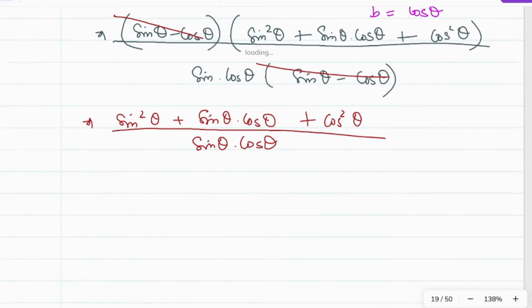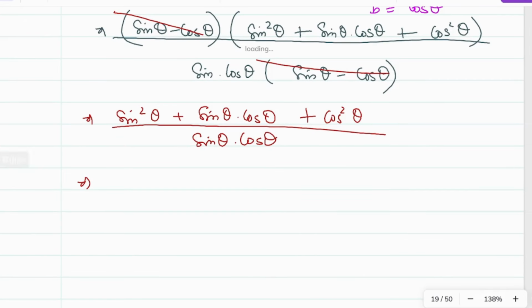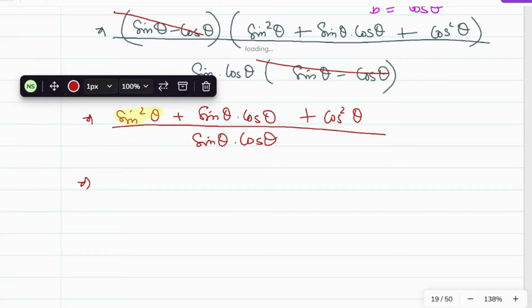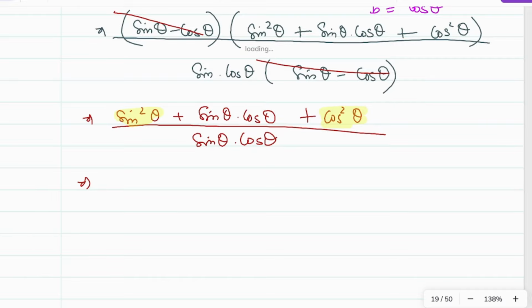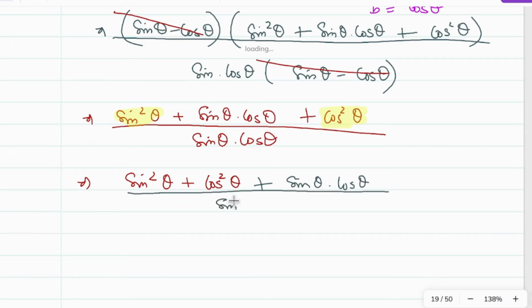One more thing, I can write sin square theta and cos square theta in the first part, then write the remaining one, sin theta cos theta divided by sin theta cos theta.